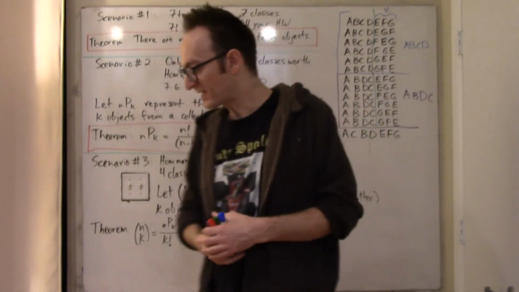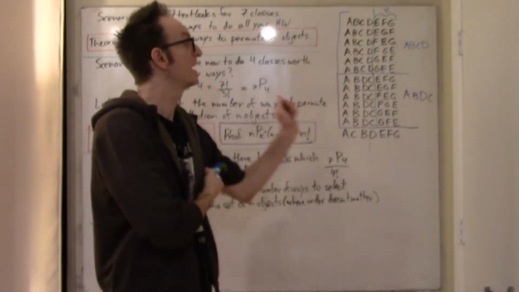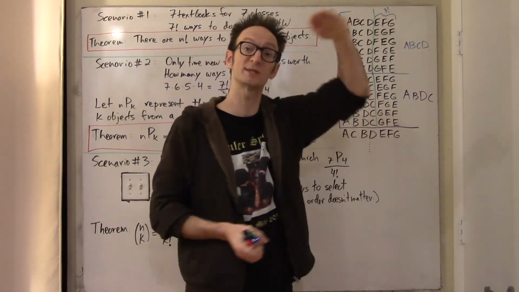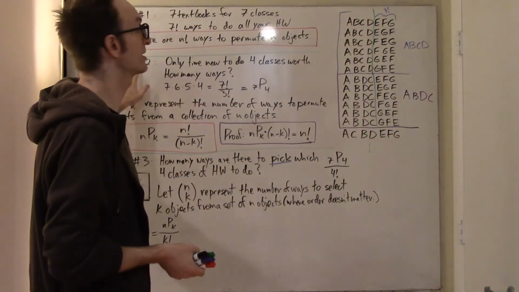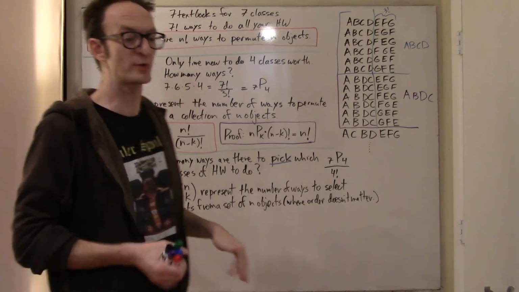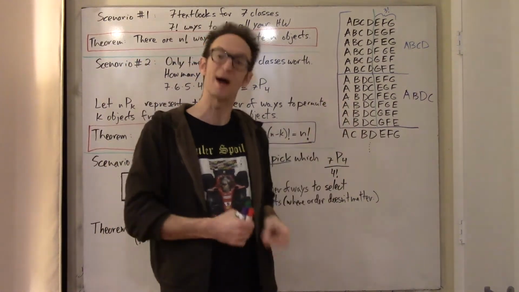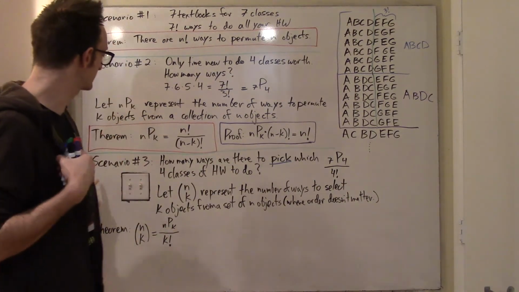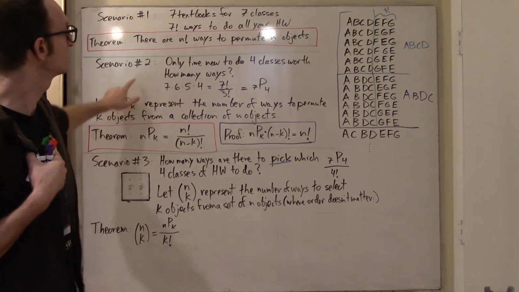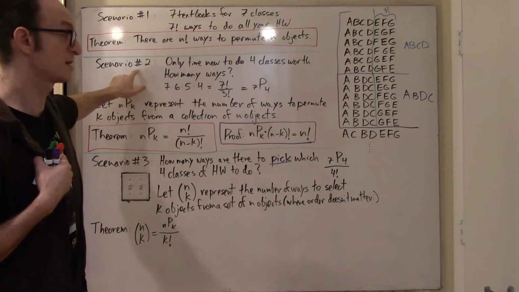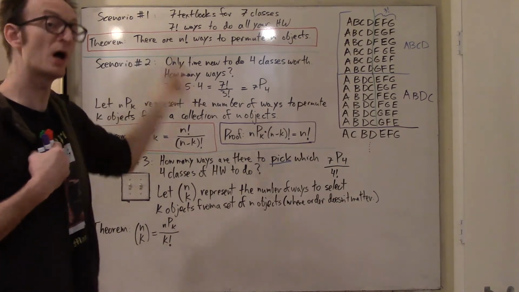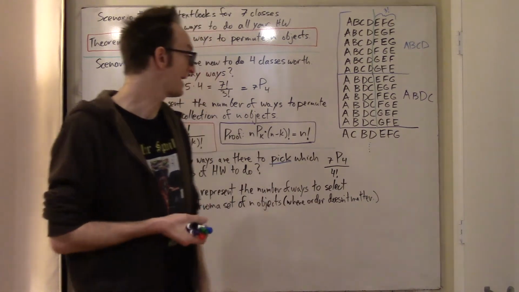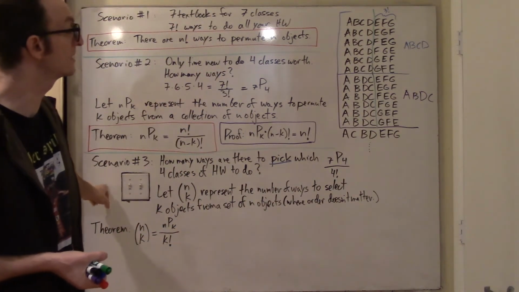Okay? And every one of those 24 entries appears as a separate outcome in scenario 2. But in scenario 3, we want to consider them all to be the same outcome. And so the way to pull this all together is to realize that the list that corresponds to the scenario 2 problem is too long by a factor of 24 as a solution to the problem in scenario 3.